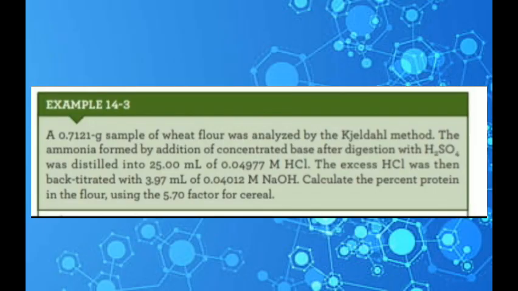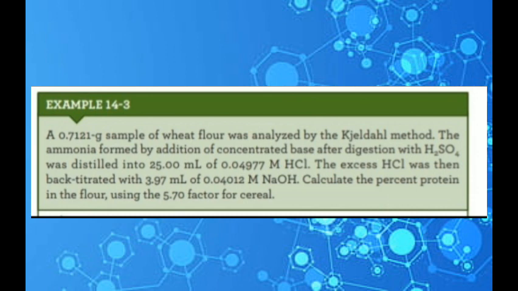So, okay, let's proceed to the problem solving. The example sa chapter 12, which is a 0.7121 gram sample of wheat flour was analyzed by the Kjeldahl method. The ammonia formed by the addition of concentrated base after digestion with H2SO4 was distilled into 25.00 mL of 0.04977 M HCl.